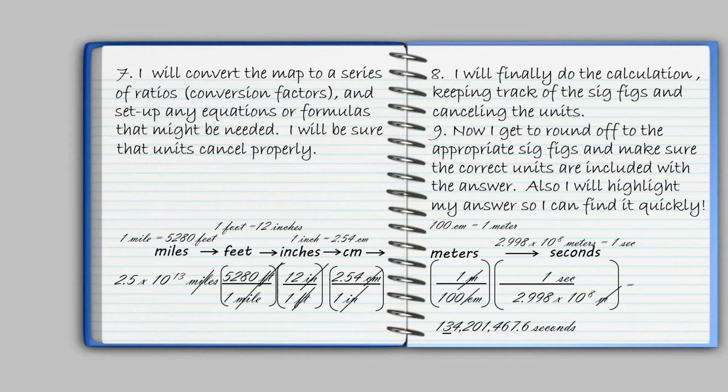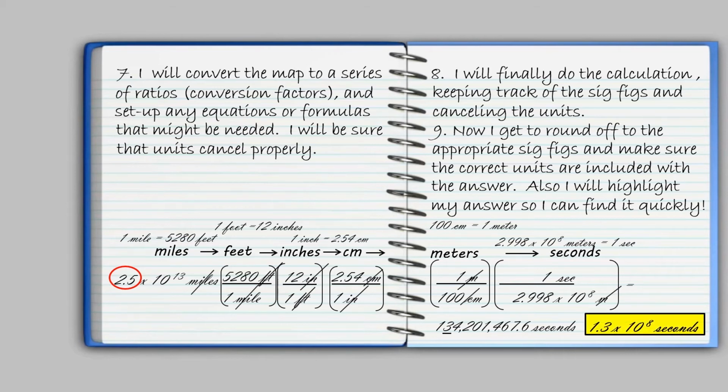All we have to do is look for the number in the computational chain with the least number of sig figs. This number will typically be the measured value at the beginning of the chain that was given to us in the problem statement, but not always. So at the end of this computation chain, we obtain a final value of 1.3 times 10 to the power of 8 seconds.